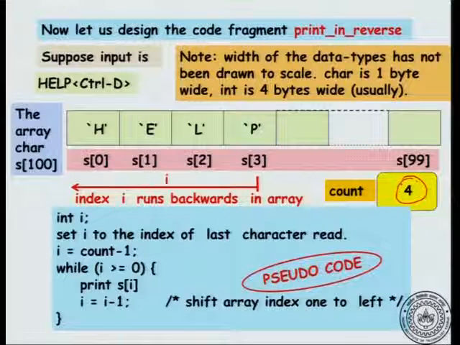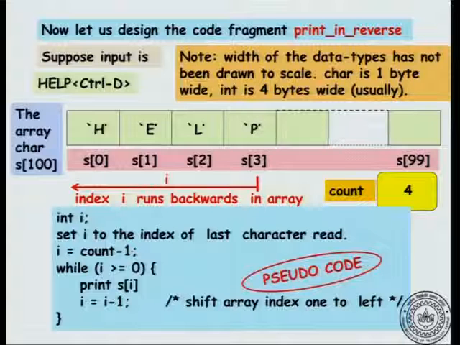Okay. So 4 characters have been read, therefore the last character read is at index count - 1. It is not at index count. If you say S of 4, that is an invalid index, whereas S of 3 is where we should start from. So start from I equal to count - 1. Okay. That way we will start at this character.